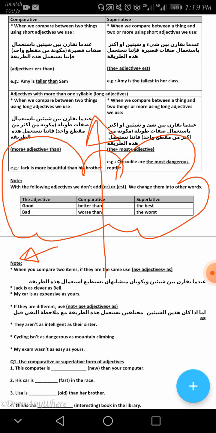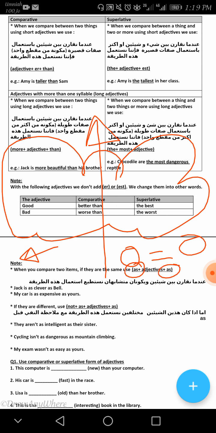But in this case في حال كانوا equal to each other, متساويين. The things or people which I want to compare are the same, بنفس درجة الجمال, نفس درجة الذكاء, whatever. Okay, بنفس الدرجة.